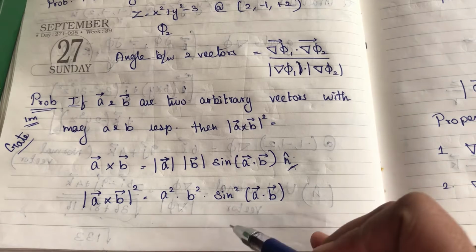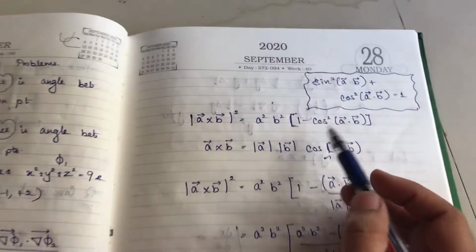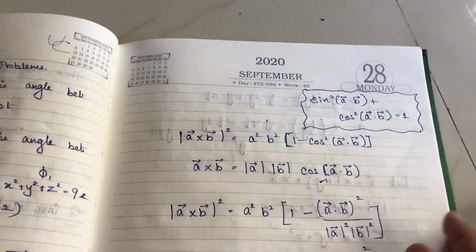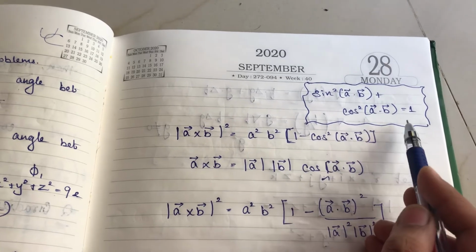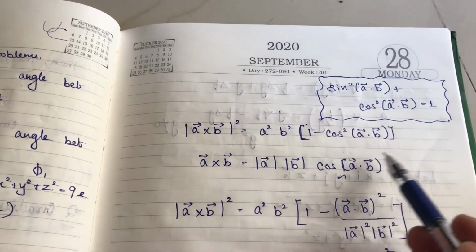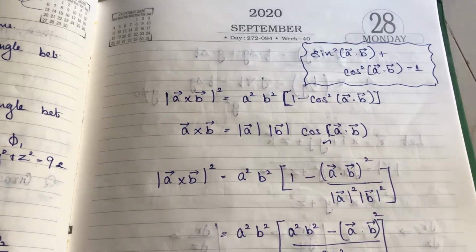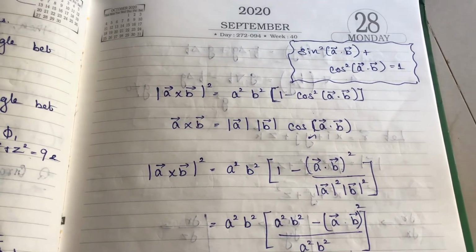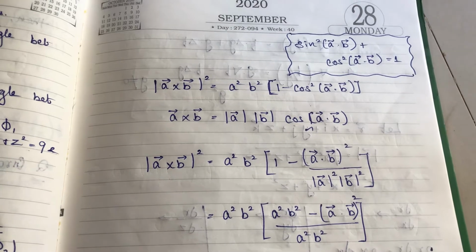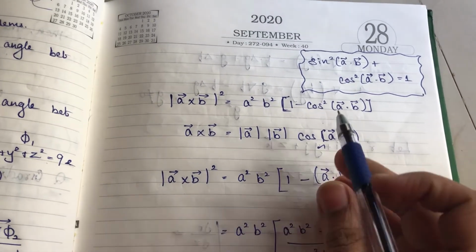We can easily write sin square theta as 1 minus cos square theta, because sin square theta plus cos square theta equals 1. So I can write 1 minus cos square of a vector dot b vector. And what is the value which includes cos?